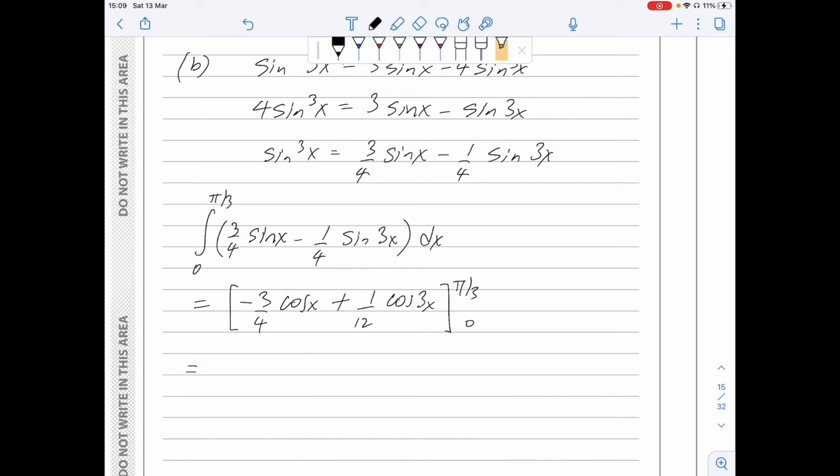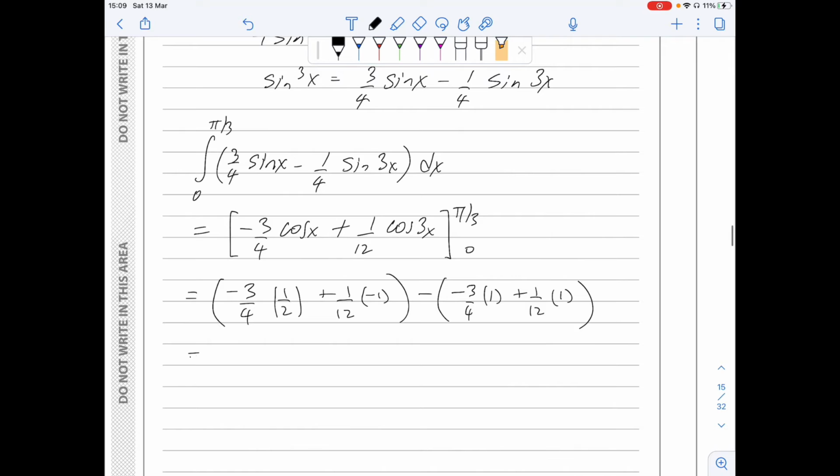So I'm going to substitute these numbers: minus 3 over 4 times a half plus 1 over 12 times minus 1, minus, minus 3 over 4 times 1 plus 1 over 12 times 1. And if I do the calculations, I will get 5 over 24.